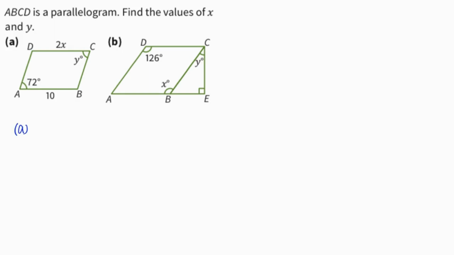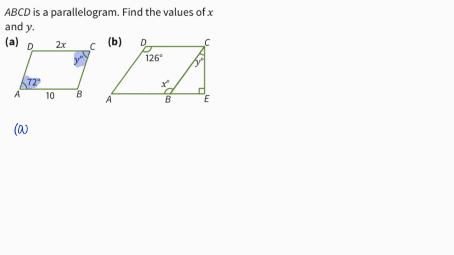if we know the properties of parallelogram, you would then know that the opposite angles of a parallelogram are the same. They are equal to each other.